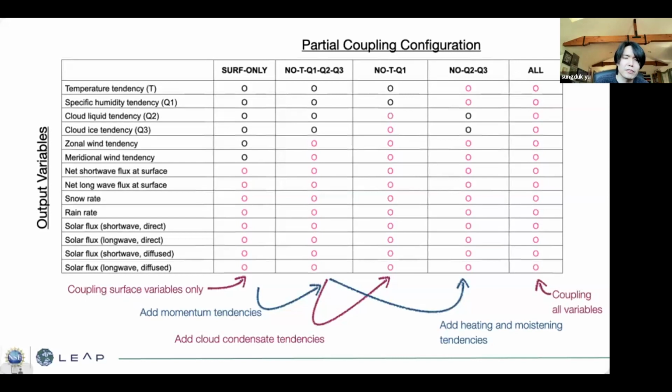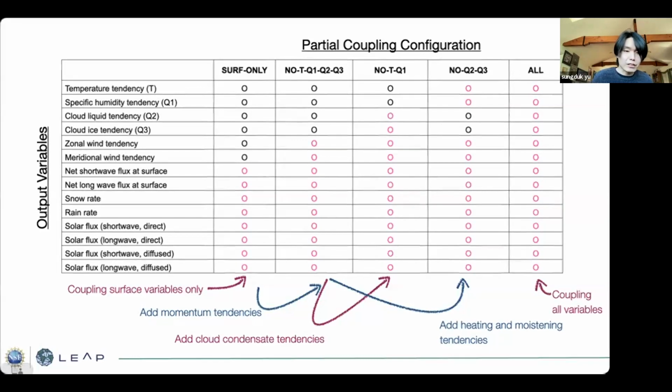The first configuration is surface only, and in the next column we add the momentum tendency, and in the next column we add cloud condensate, basically the ice and liquid condensate tendencies. From there we add the heating and moistening tendencies. And the last one is all, which is the control simulation for the coupled variables. We already saw the result of it.